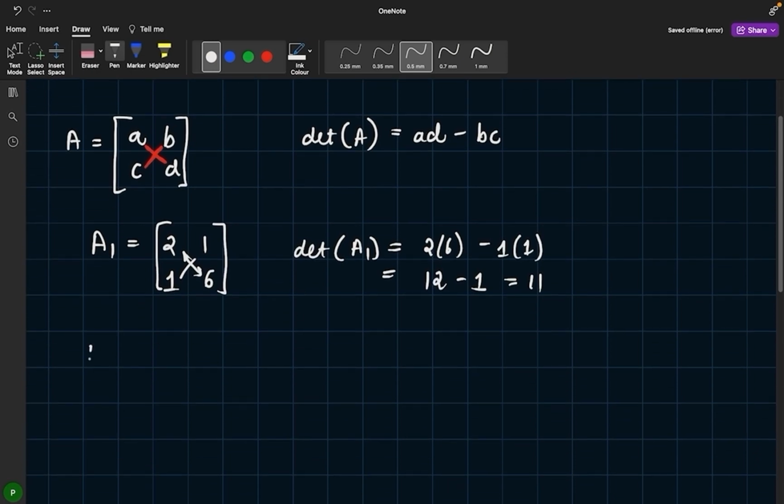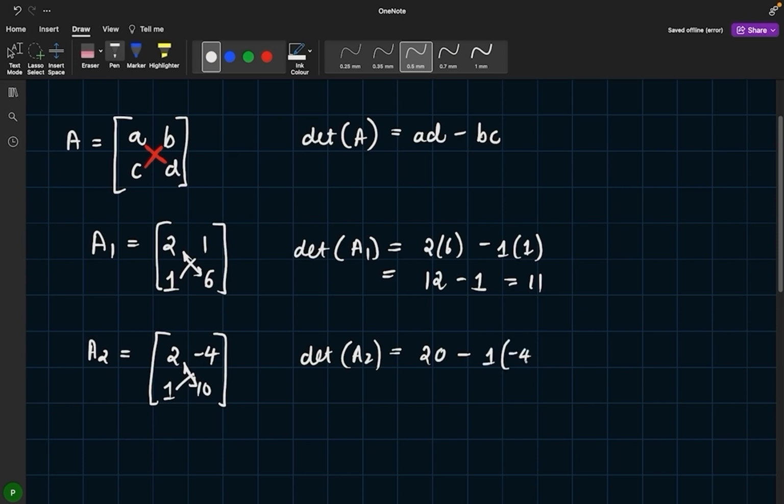Let's do another example. Let's say A2 is equal to 2, negative 4, 1, and 10. The determinant of A2 is equal to 2 multiplied by 10, 20, minus 4 multiplied by negative 1. Oh, sorry, 1 multiplied by negative 4. That becomes 20 plus 4, and that's 24.